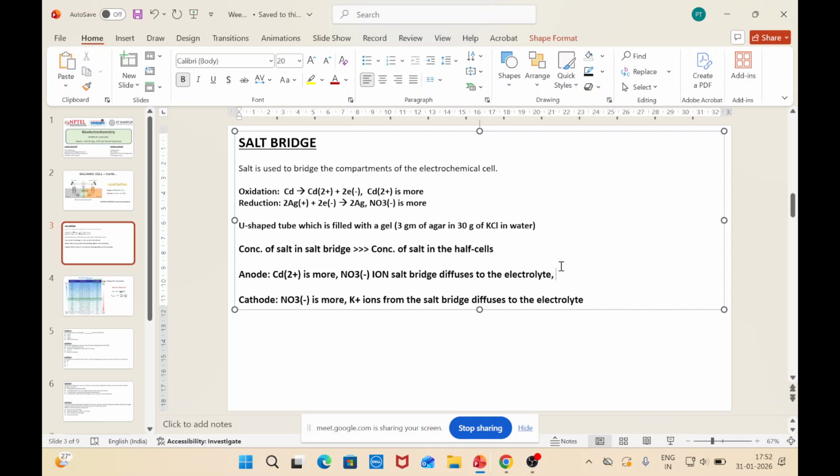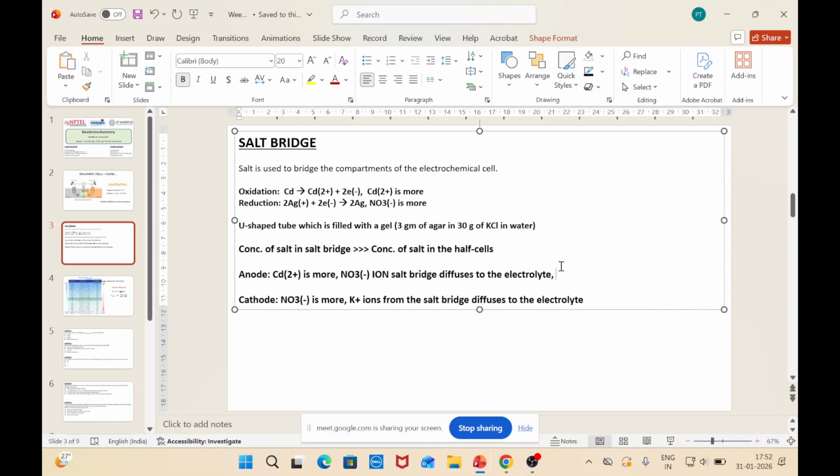The second reason, as one of you rightly said, is that by using a high concentration of salt, you reduce the internal resistance that gets built up within the system, and you provide a more conductive pathway, which provides an enhanced electron or charge flow, leading to increased current flow, so more energy can be harnessed from the electrochemical system.